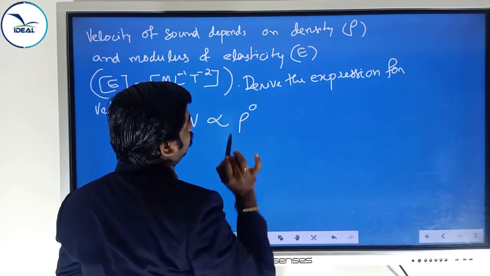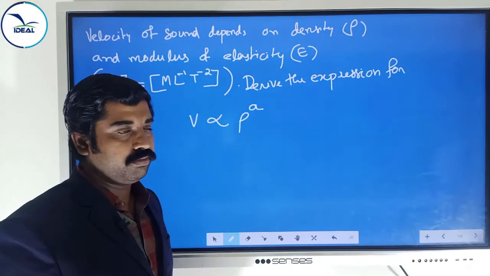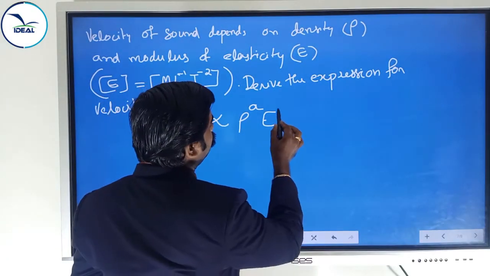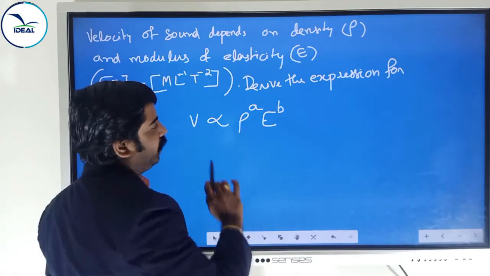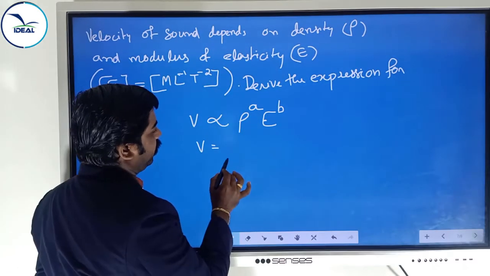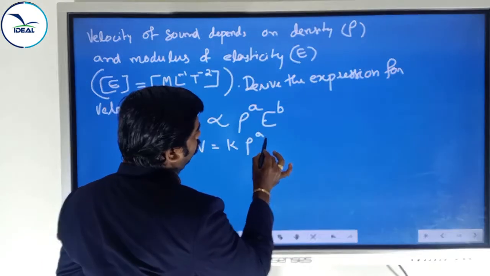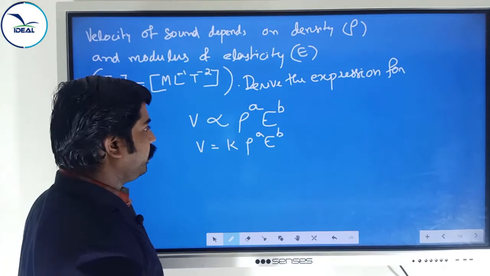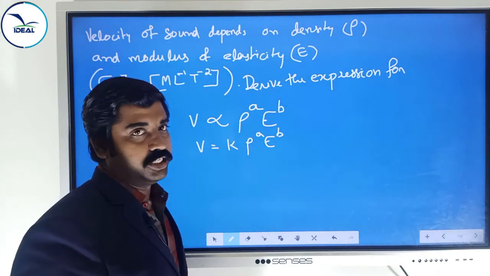We don't know the exact relationship, so I can put it as rho raised to A, and E, whose dependence I also don't know. So V depends on rho raised to A into E raised to B. By multiplying with a constant, I can write it as K into rho raised to A into E raised to B.